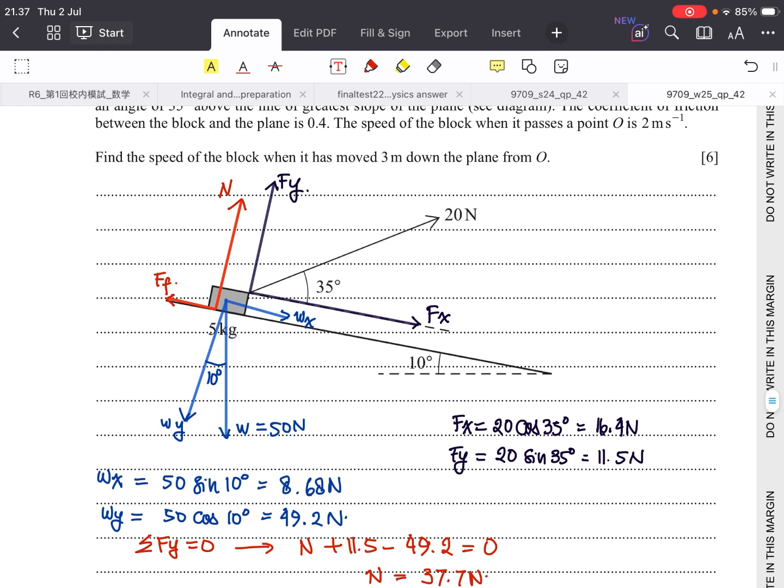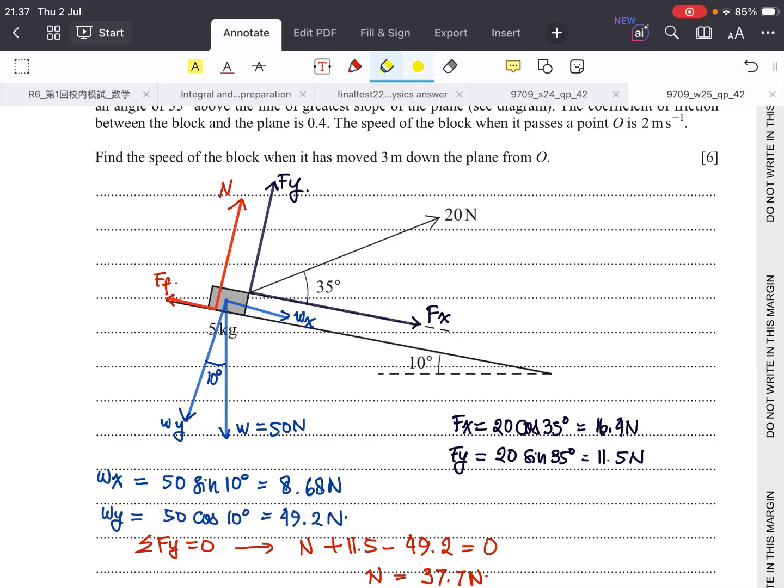And then we do the same thing with W. But now Wx, the formula is W sine 10 degrees. The value of Wx is 8.68 newtons. And then Wy is 50 cos 10 degrees. It's equal to 49.2 newtons.